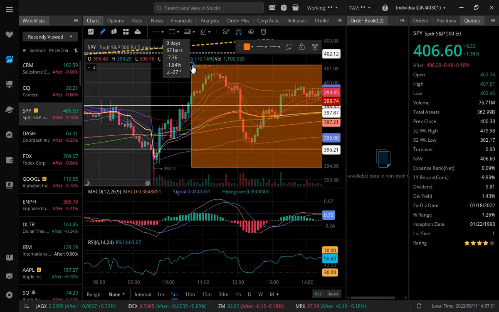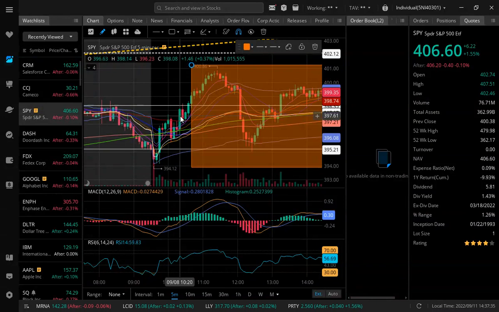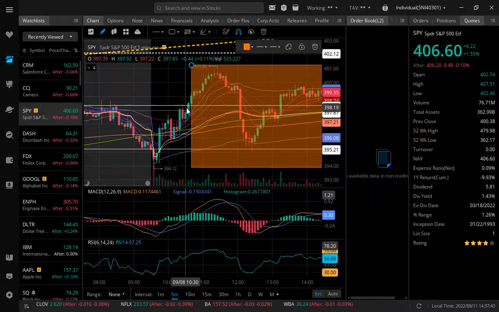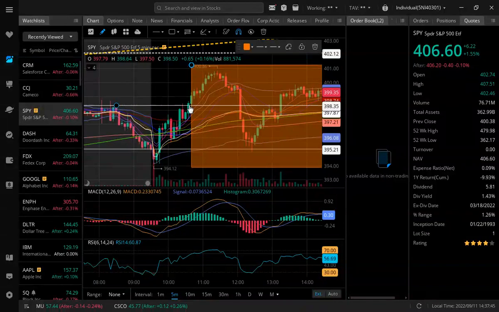But ultimately, we're waiting on a break above the pre-market high. So when it broke above this, that was confirmation. When we break above the pre-market highs, that's your entry. So that's two call entries there, 2 out of 4.